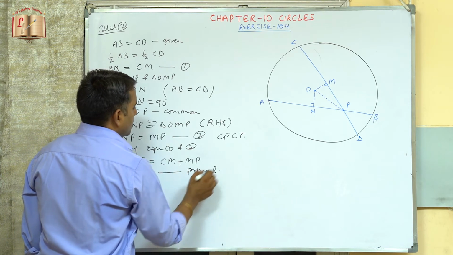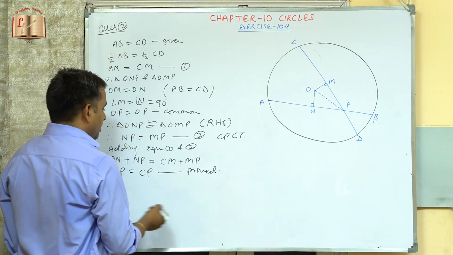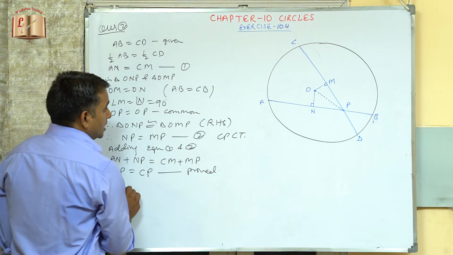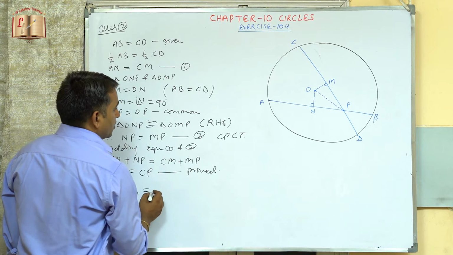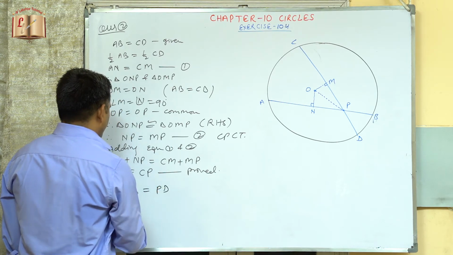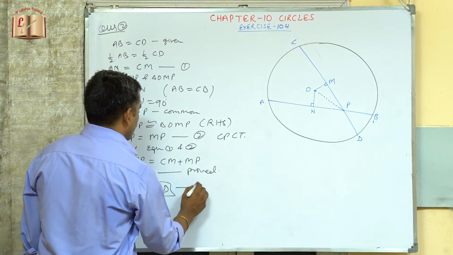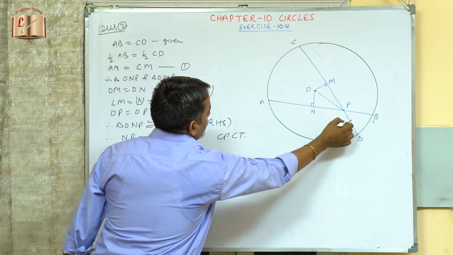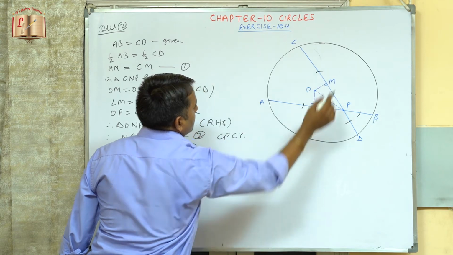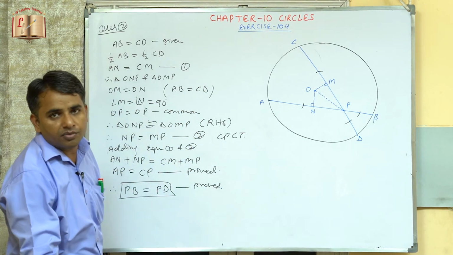This is proved, so this segment is equal. Therefore PB is also equal to PD. Both are proved, so these segments are also equal, and this complete chord is equal to this one. Now this is proved.